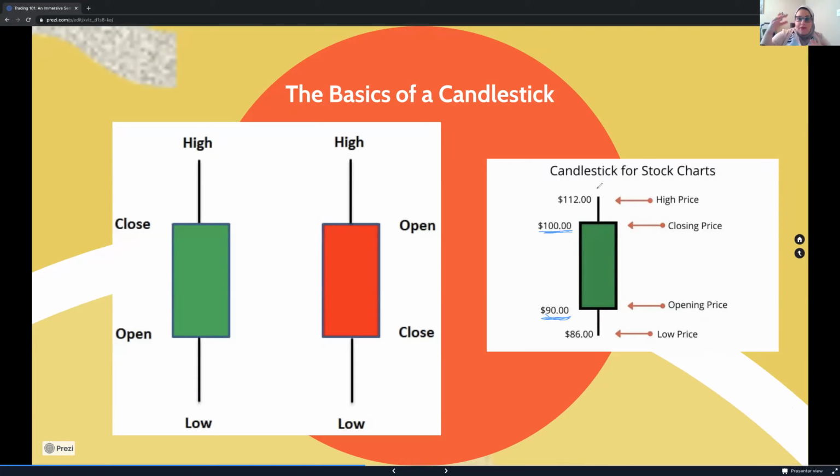During that time, it reached a high of 112, and it reached a low of 86. So that's what the wicks represent during the time frame, the high and the low. Okay. So this is the basic anatomy of a candle.